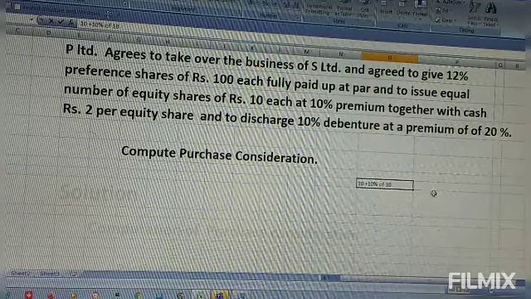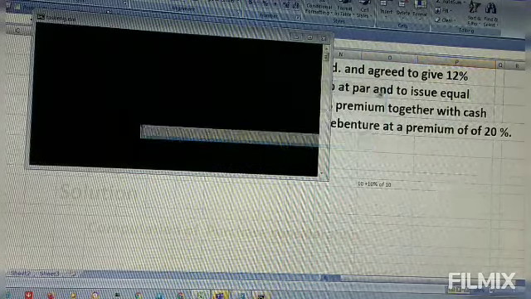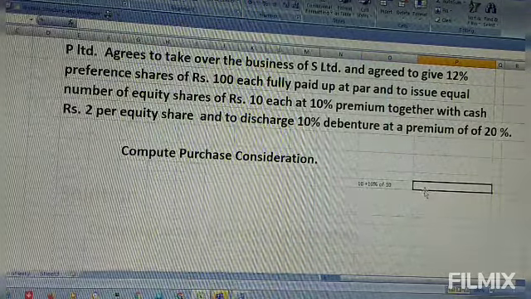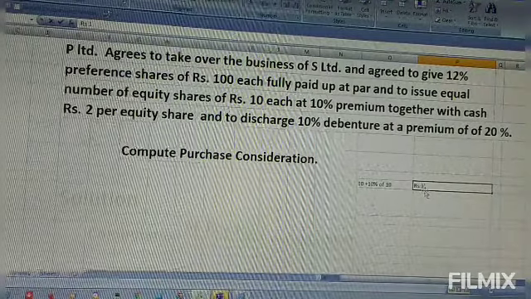How much does it come to? It comes to 11 rupees, right?